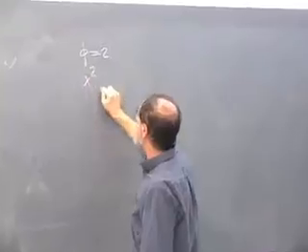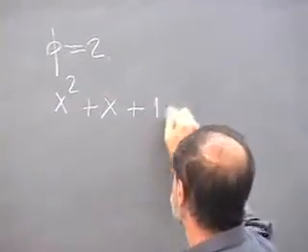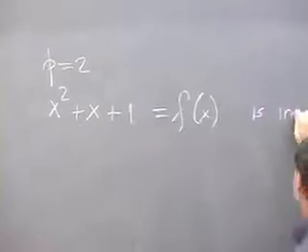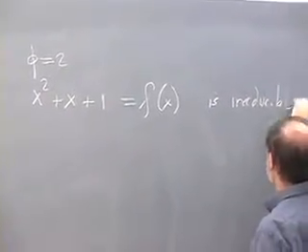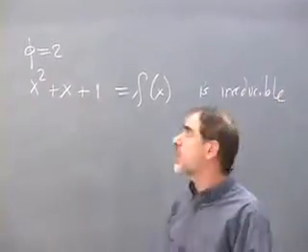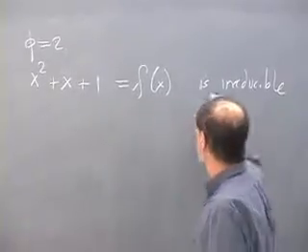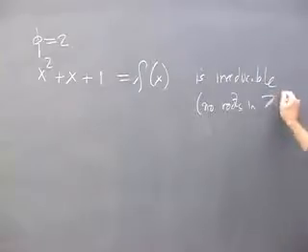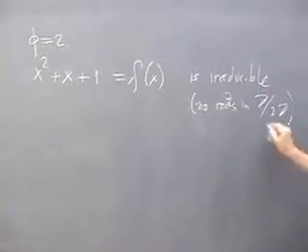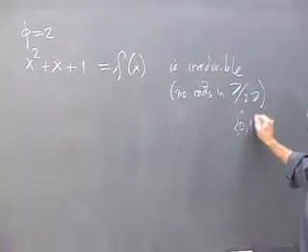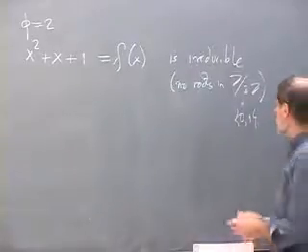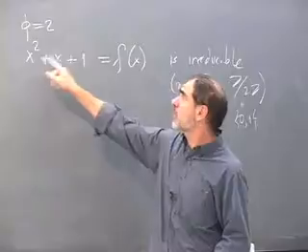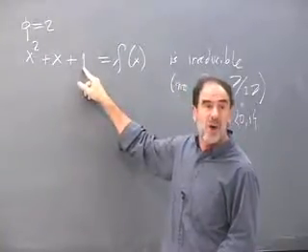Take the polynomial x squared plus x plus 1. I claim this is irreducible. Why? Because it has no roots in Z mod 2Z. The only elements in this ring are 0 and 1. So to see that it has no roots, you have to try 0 and then you have to try 1. If you try 0, you get 0 squared plus 0 plus 1, which is 1.